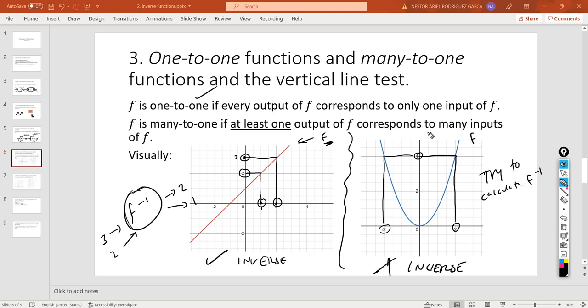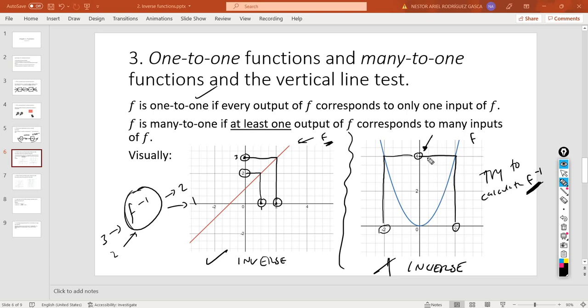Why? Because f inverse should be doing the opposite, right? It should take this output and give you the input that you gave to f. The problem is: how is f inverse going to decide?